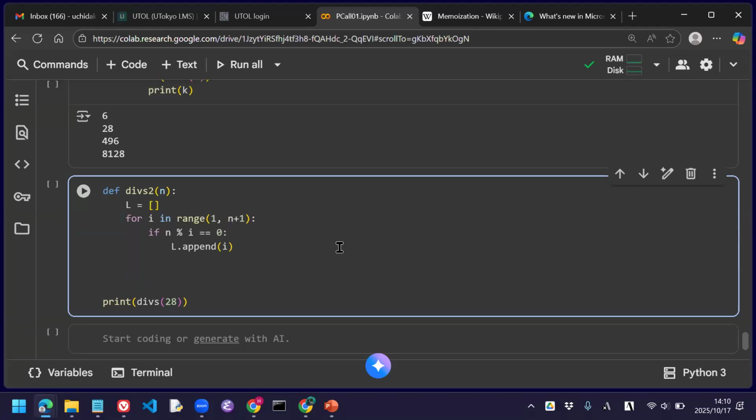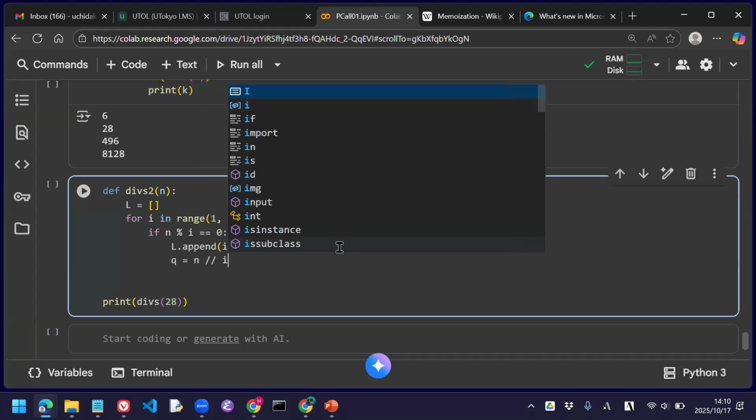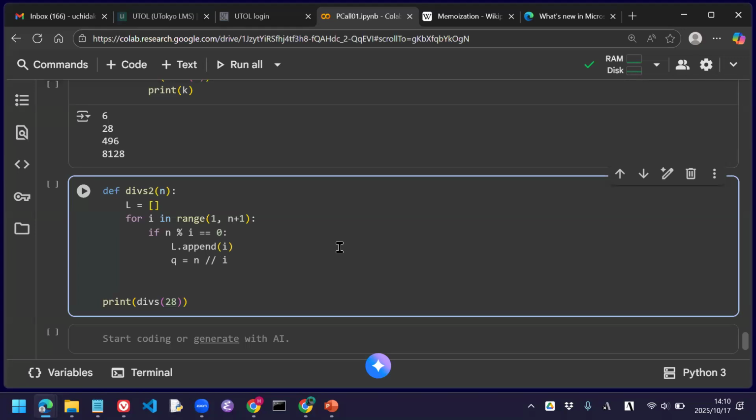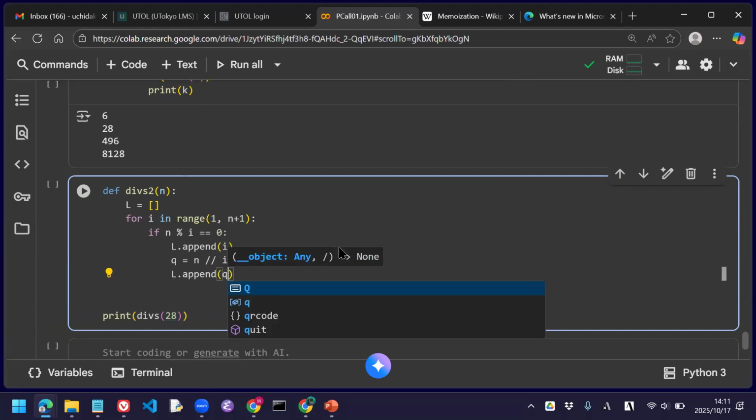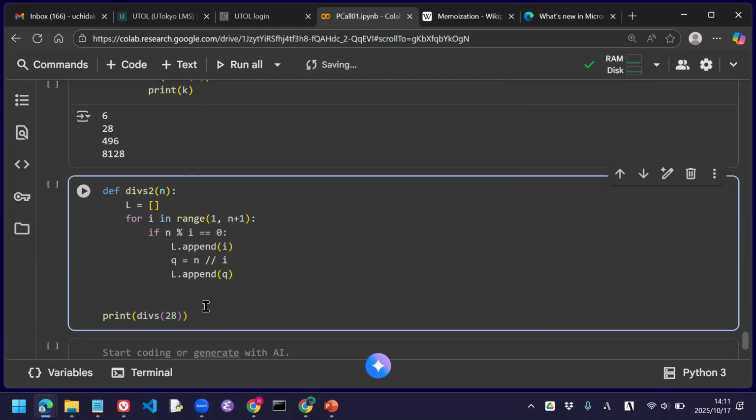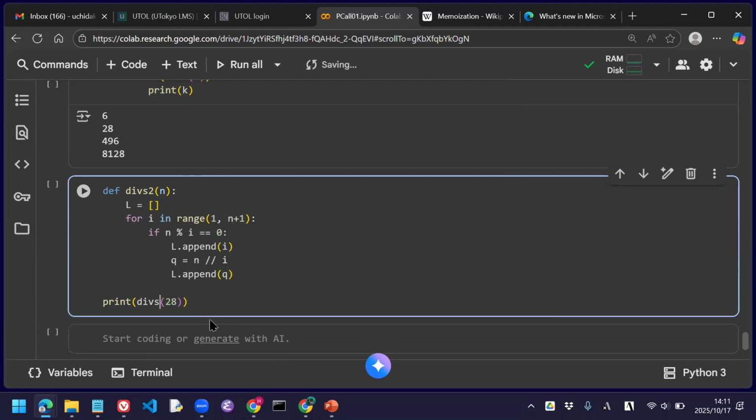So let's check that. In this case, q equals n // i is also a factor, so we can add it to the list. Okay, this is the idea. Let's see what happens for the case of, say, 24 and see how this works.